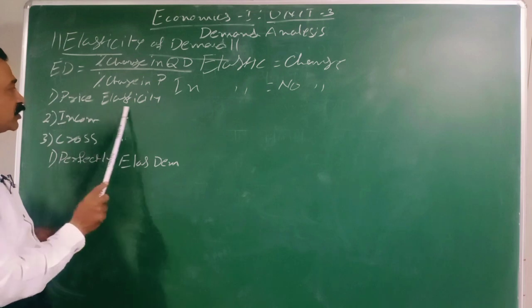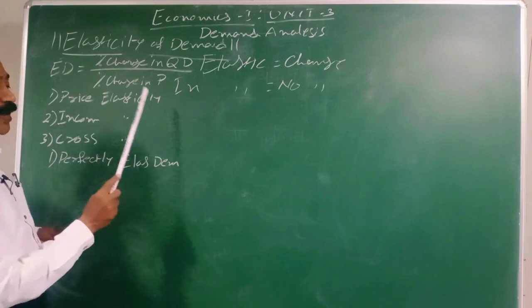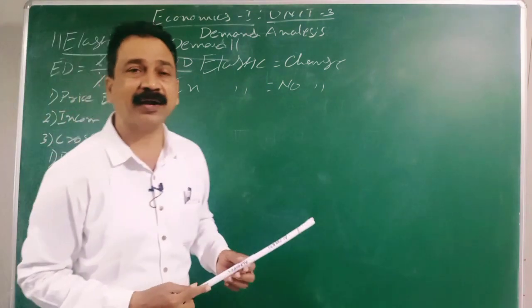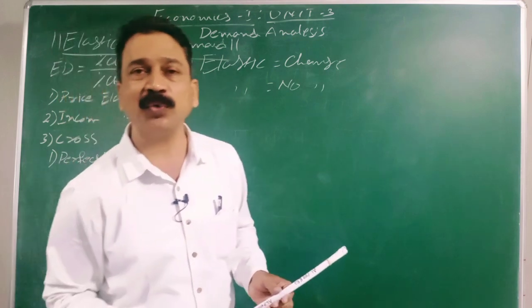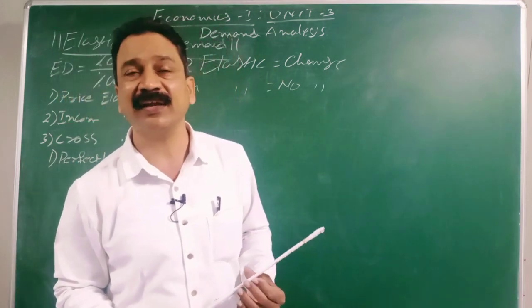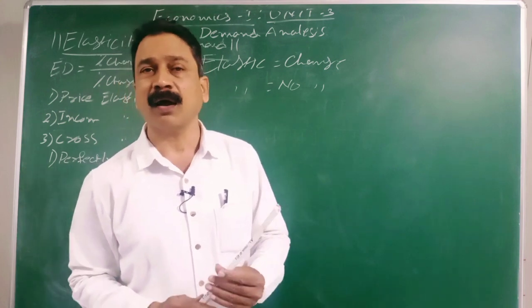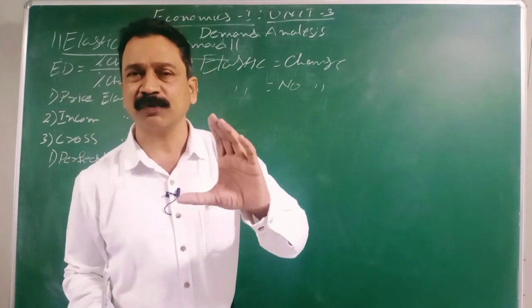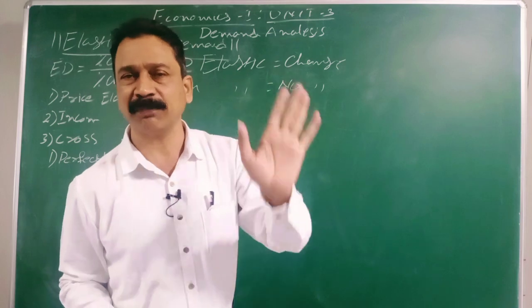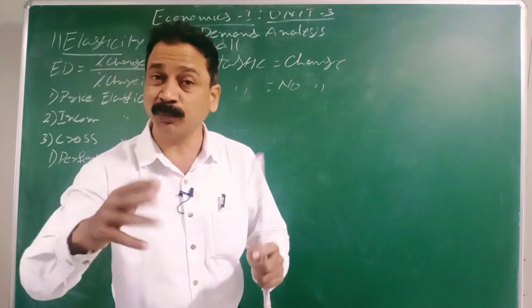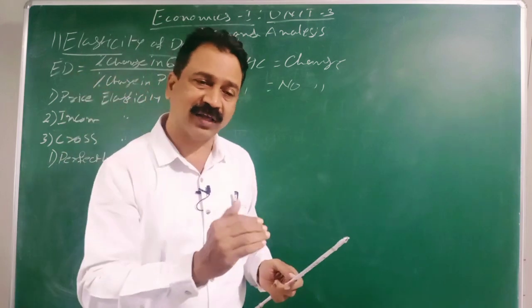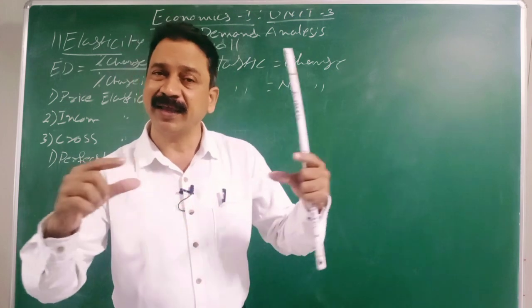Today we are going to discuss alone price elasticity of demand, how the price is going to influence the quantity demanded. See, all commodities do not respond in the same manner to the change in the price. Some respond more, some respond less, some respond equal.